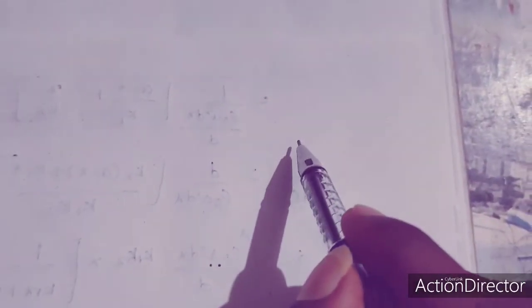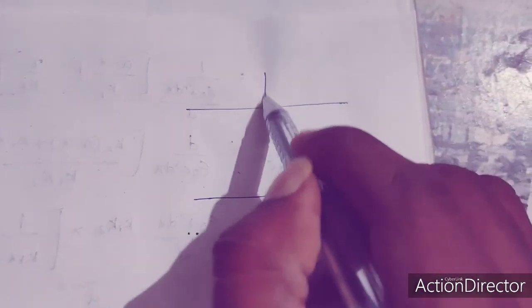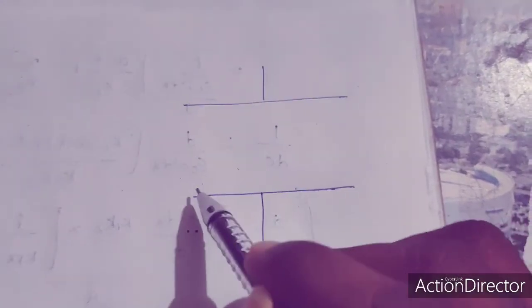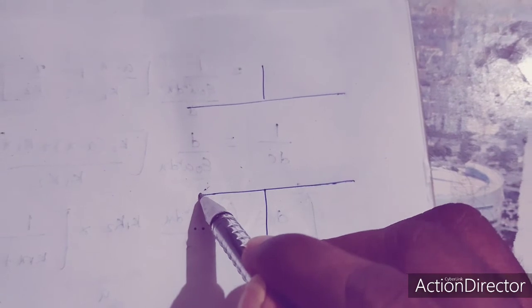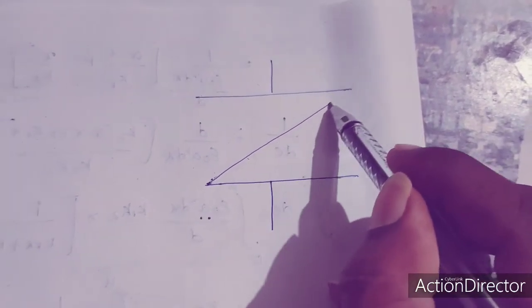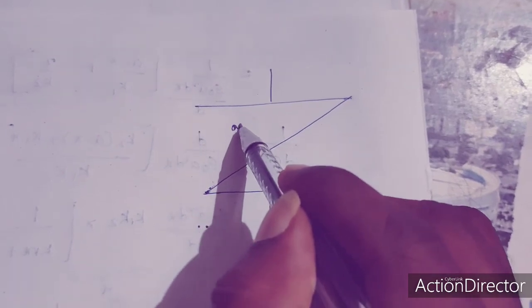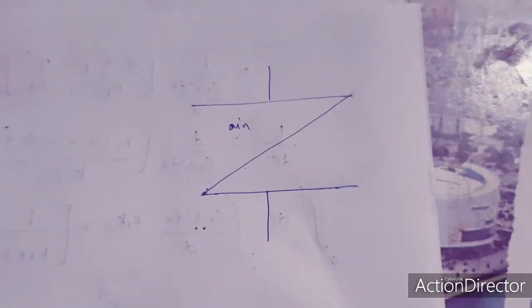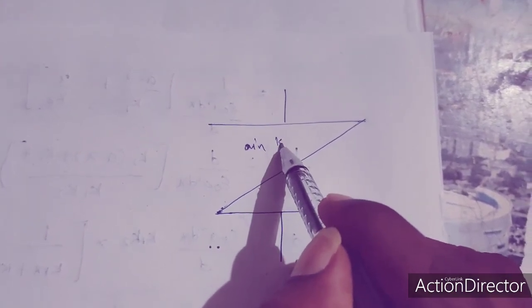Here the given information is one parallel plate capacitor. A dielectric medium is introduced between the two parallel plates. Here one medium is air. What is the dielectric constant of the air medium?